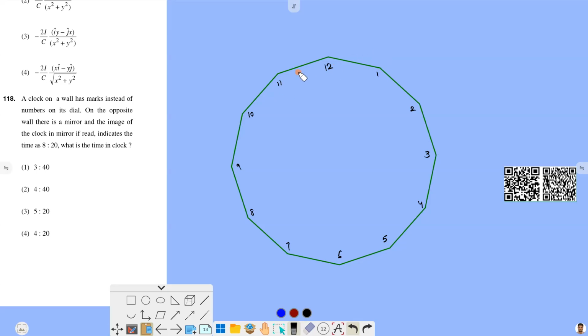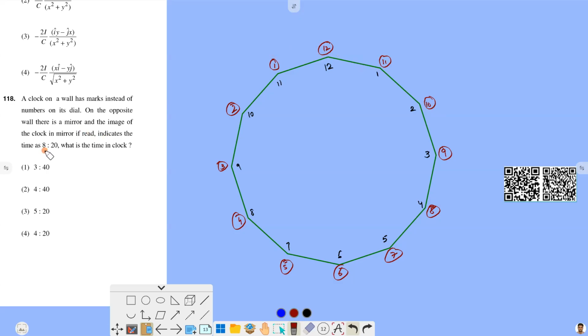So this one will be here. So I can say this is the time which will be visible in the mirror. 1, 2, 3, 4, 5, 6 will stay as it is. 7, 8, 9, 10, 11, 12.